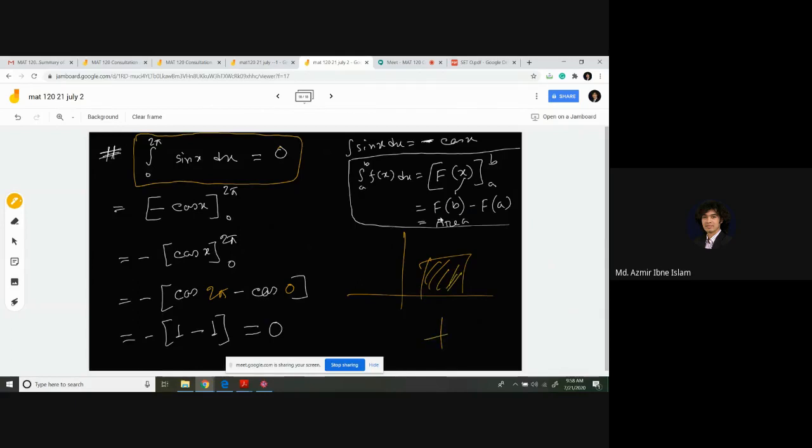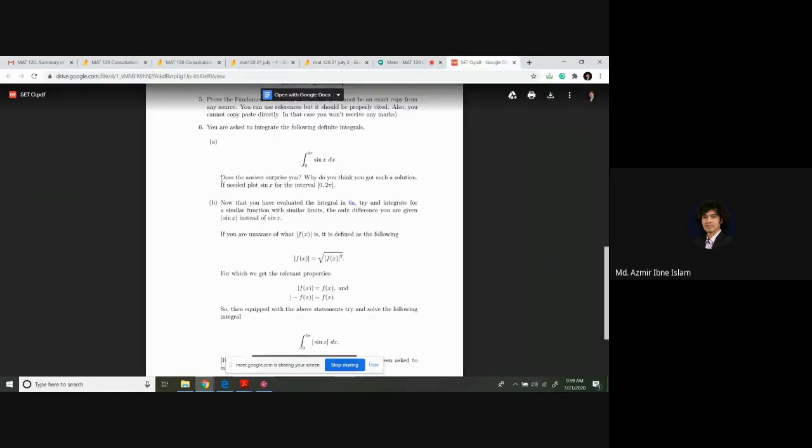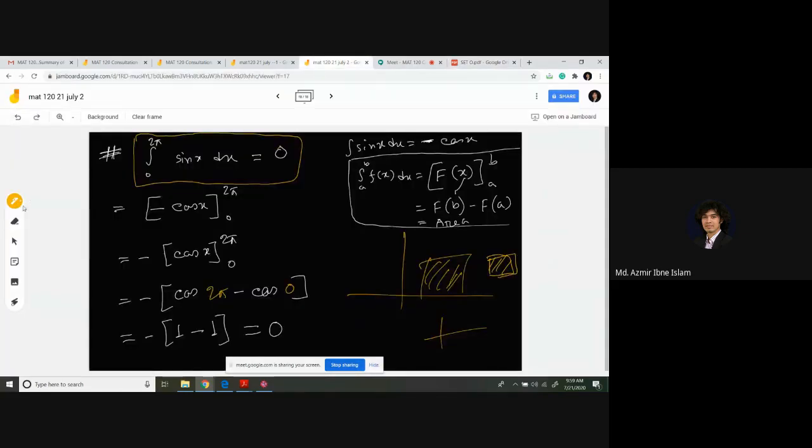If the area is 0, then there is nothing. Suppose you have a rectangle, you can find the area by x times y. Is that okay? Yes, sir. But since the area is 0, what is happening? Are you surprised? That is the question. Does the answer surprise you? Yes, we are surprised. Clear?